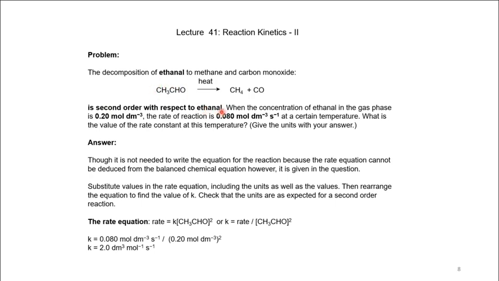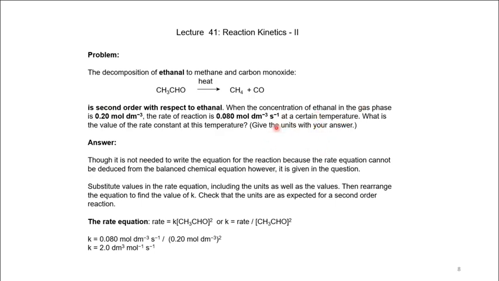This is given in our problem, where the concentration of ethanol in the gas phase is 0.2 mole per dm cube, and the rate of reaction is 0.080 mole per dm cube per second. We are asked to find out the rate constant at this same temperature.